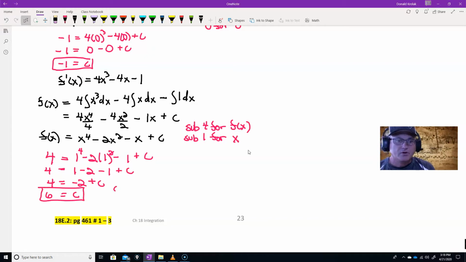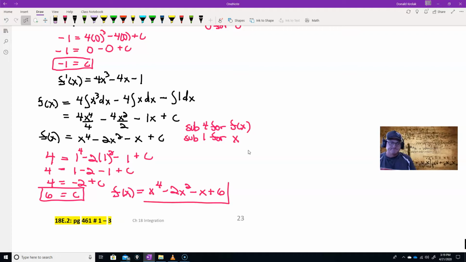And therefore our original function is going to be plus 6.